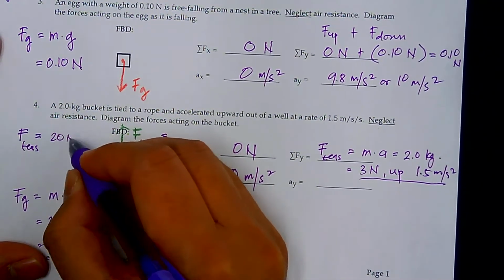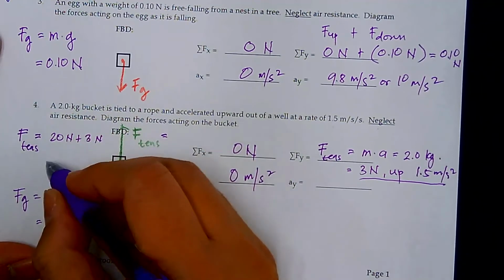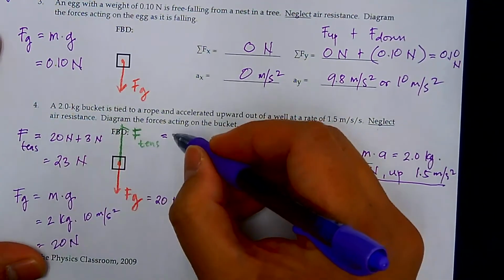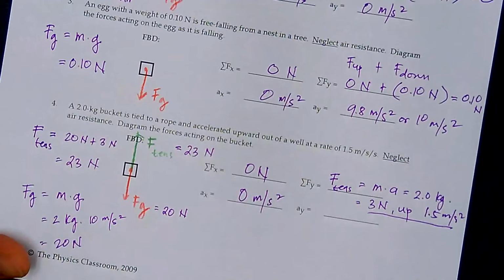So 20 newtons plus 3 gives me 23 newtons.